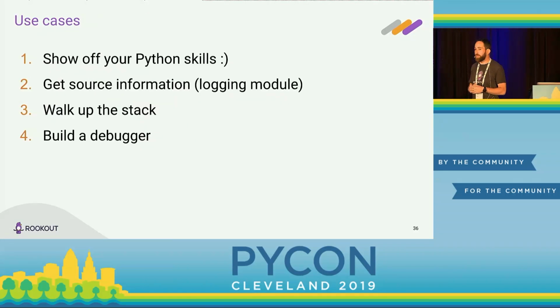So what can you do with what I've been showing you so far? First of all, you can show off your Python skills. That's definitely useful if you're here at PyCon. You can get source information. Have you ever wondered how the logging module knows the file name and line number you are writing the log from? So the logging module uses inspect.currentframe and walks up the stack to find who called it.